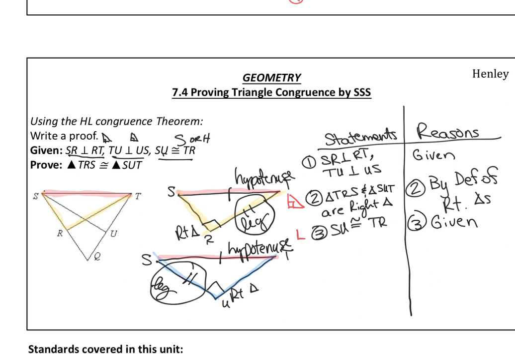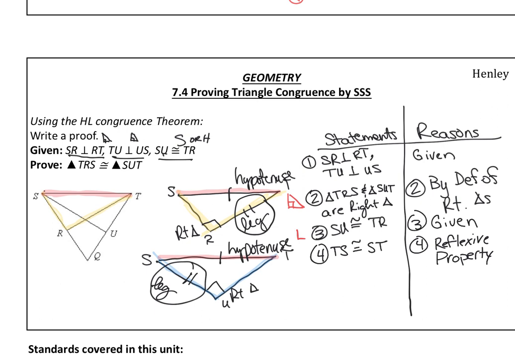Next, we look at number 4. Number 4 tells us that TS is congruent to ST. Now, the only reason that we're reversing that is because one triangle is facing one direction and one triangle is facing the other. Number 4, that is the reflexive property. Remember, that is the one that tells us that a line or a triangle side is congruent to itself.